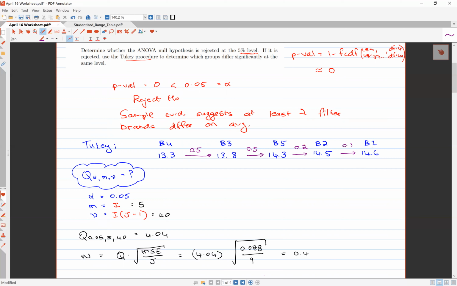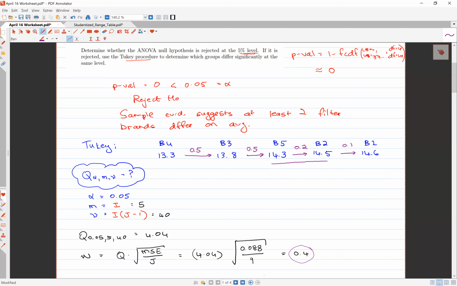So what the Tukey procedure says is you are going to underline values that are closer than W from one another. So brand 5 and brand 2 only differ by 0.2, right? So I would underline. And then I would ask myself, how far is brand 5 from brand 1?